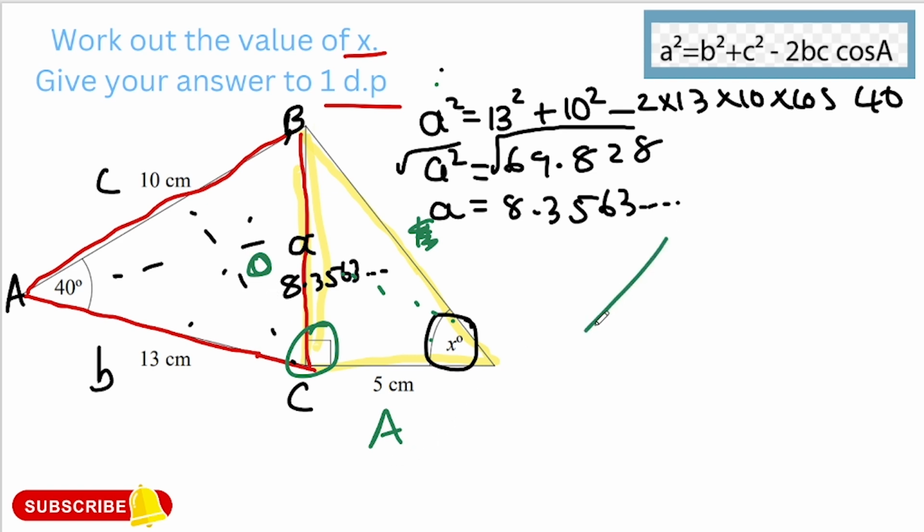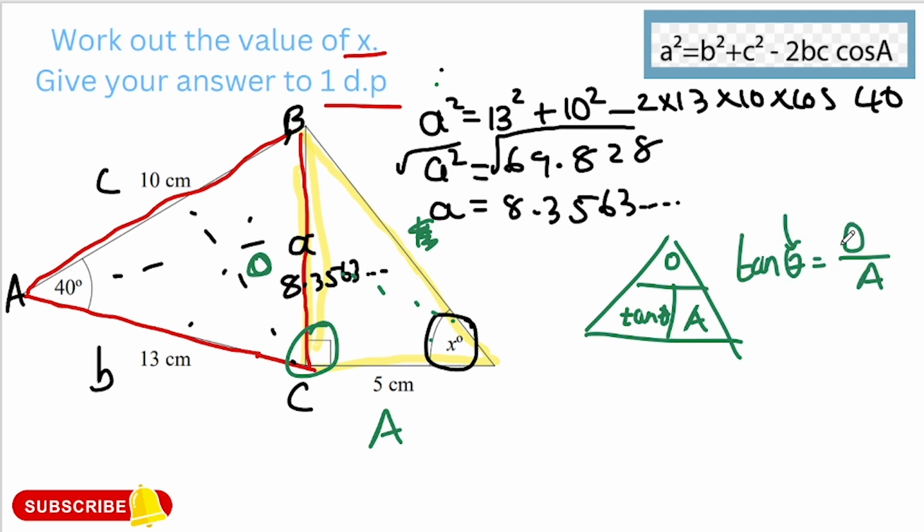Now, if I use my triangle, I know that tan theta is in relationship with O and A. So I will need tan theta equals O over A. After this stage, I'm going to substitute the values. So tan theta equals, my opposite is 8.3563..., you can use the answer button, all over 5.